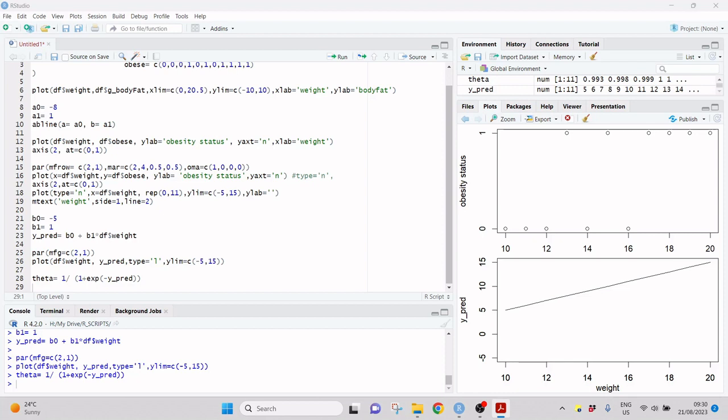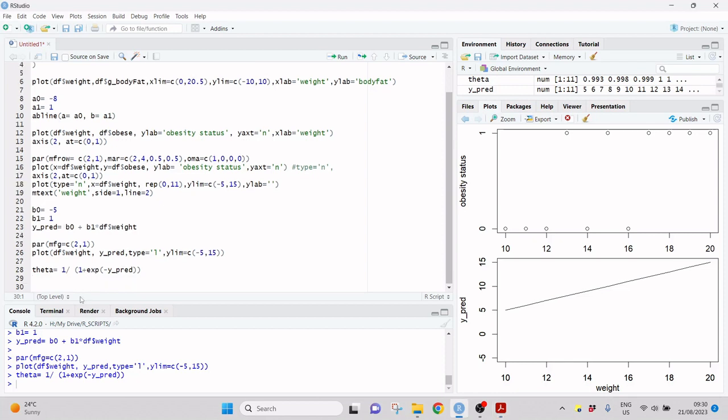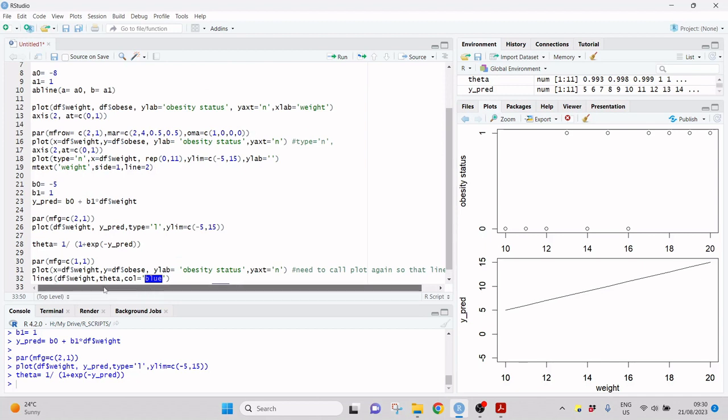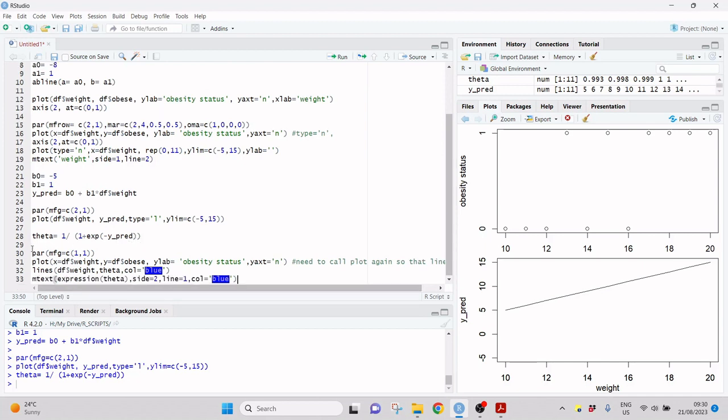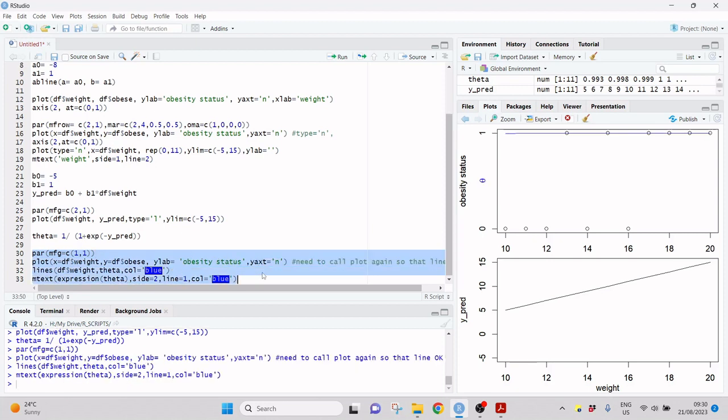Again, I'm just going to copy that over. And we'll put it in here as a blue line, calling that theta now. So the black points are our obesity status, and the blue one is now the theta, the transformation of this line into this space.